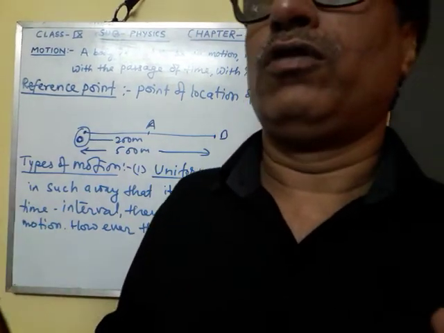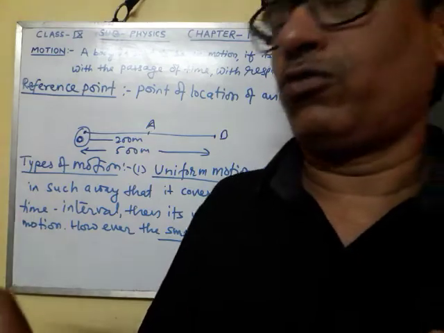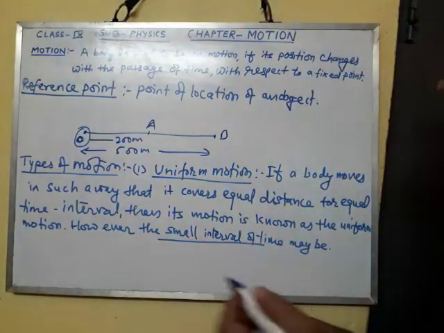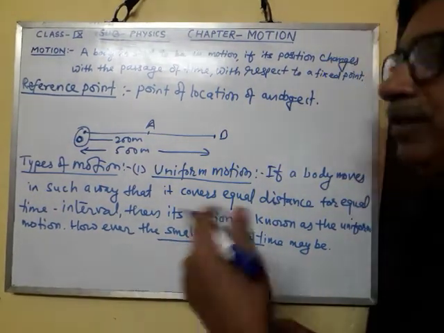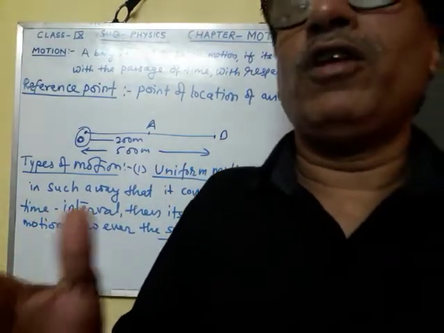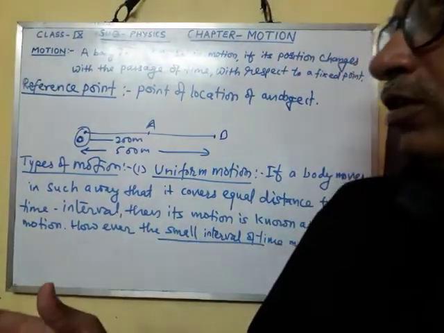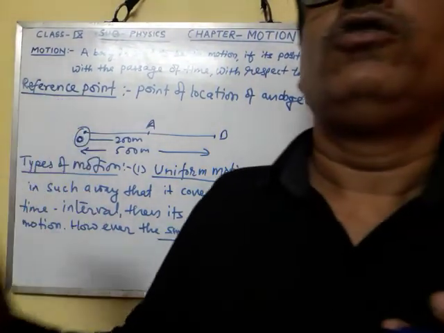So the earth appears to be in uniform motion, but it is not true. Therefore, the time interval is very important. When we consider this 365 days and 6 hours in a small time interval, then we can reach the conclusion that the motion of the earth is not uniform motion.